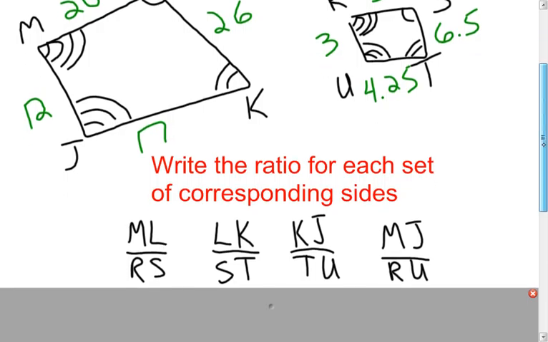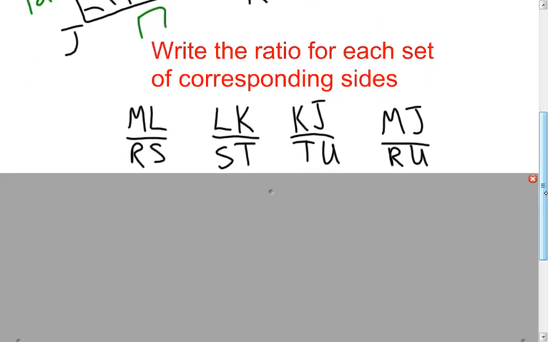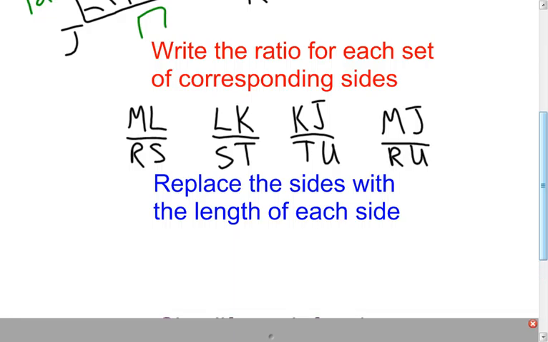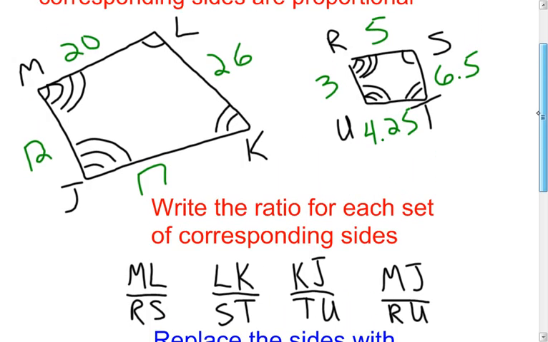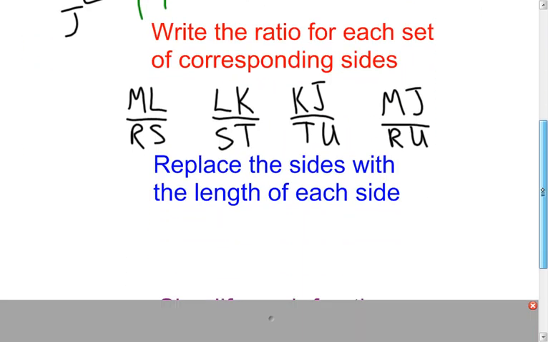Now, to check to see if they're actually proportional, I'm going to replace the length of segment ML and the length of segment RS with the actual numbers. So I'm going to have 20 over 5. There's the length of segment ML and the length of segment RS.